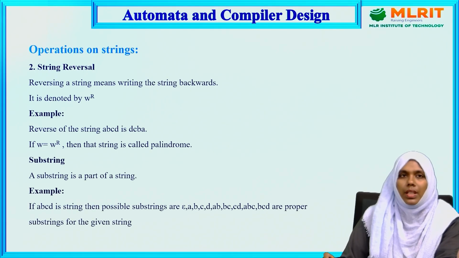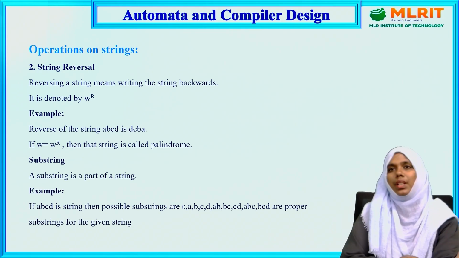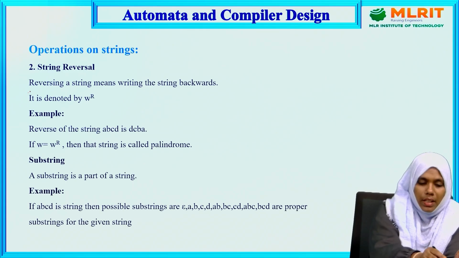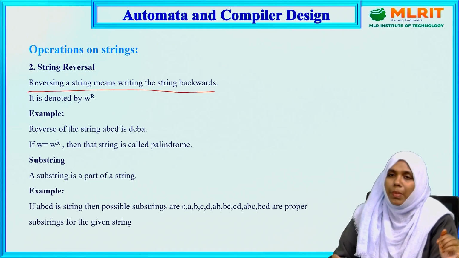Now the next operation which we are going to see here is string reversal. Reversal means the reverse of the string. We already discussed this when we covered the definition of a string: reversing a string is nothing but writing the string in a backward direction.